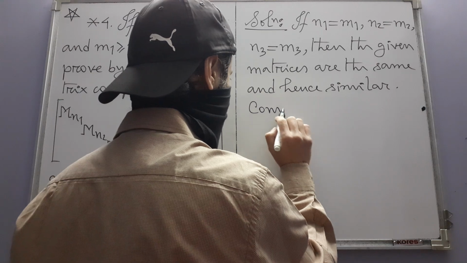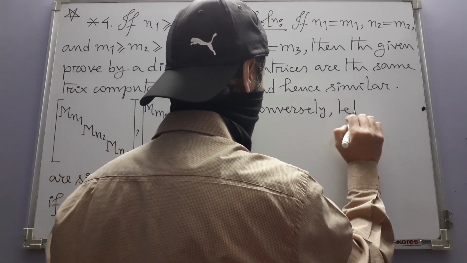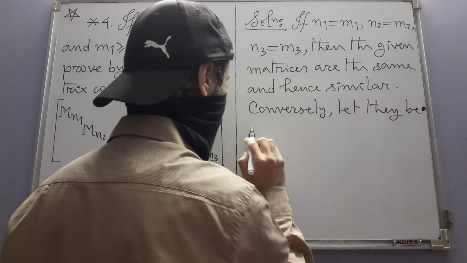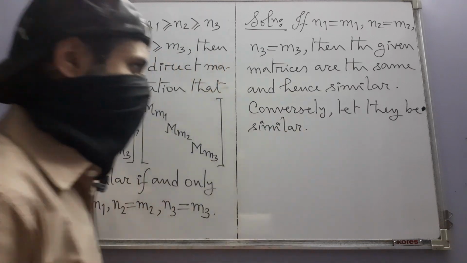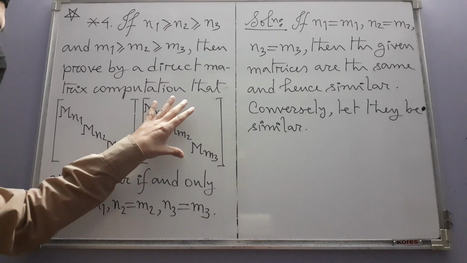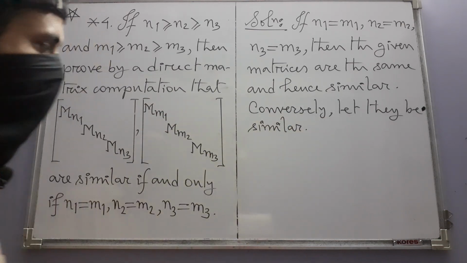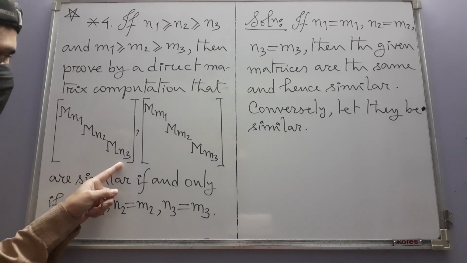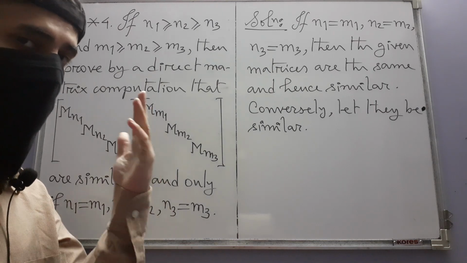Conversely, let them be similar. Then obviously they should have the same size. Otherwise, being similar does not make sense. Which means that n1 plus n2 plus n3 should be equal to m1 plus m2 plus m3.